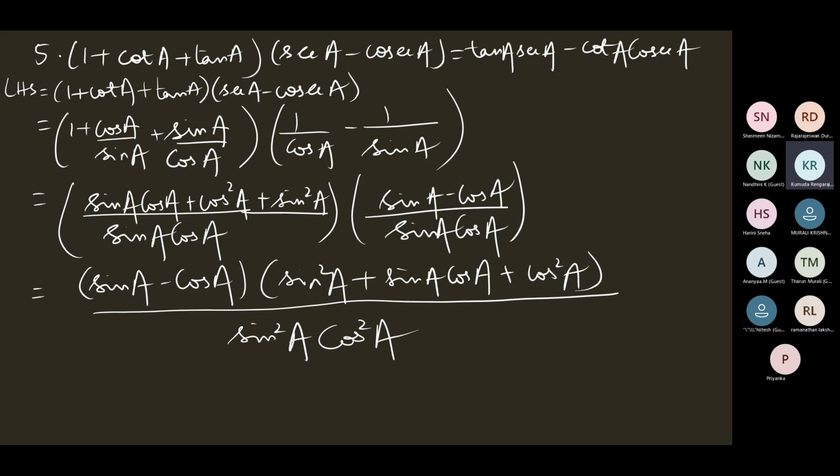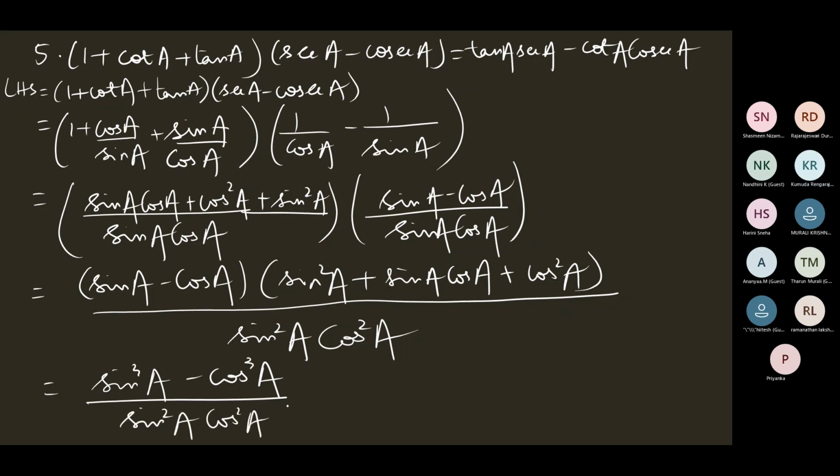Numerator alone, we have written the terms in the order to suit the identity: A minus B, A square plus AB plus B square. So now the numerator is A cubed minus B cubed, sin cubed A minus cos cubed A, divided by sin square A cos square A.